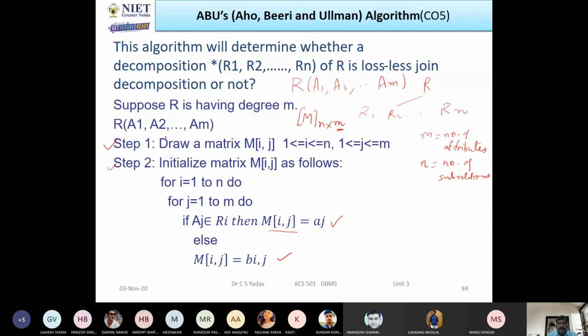We will check each subrelation R1, R2, ..., Rn, and if attribute Aj belongs to Ri, then this cell Mij is initialized with aj, else the cell is initialized with bij. aj is called a distinguishing element and bij is a non-distinguishing element.